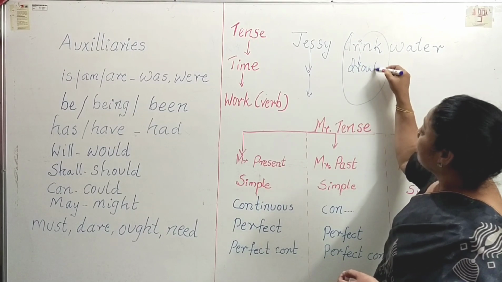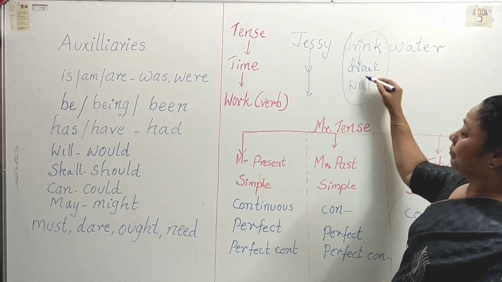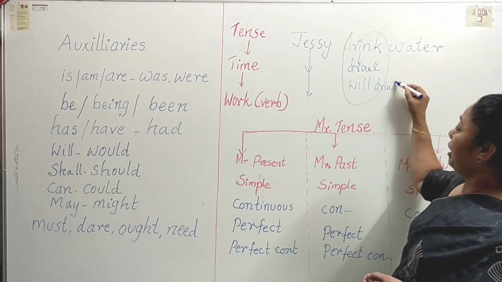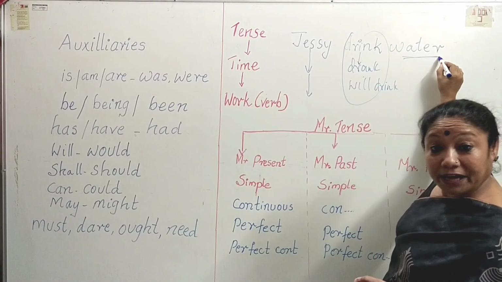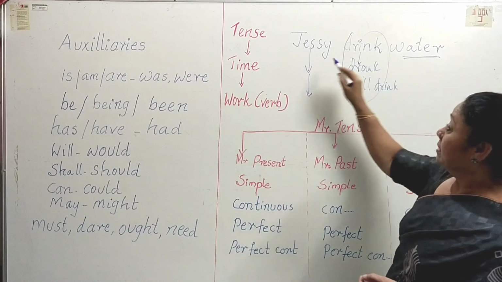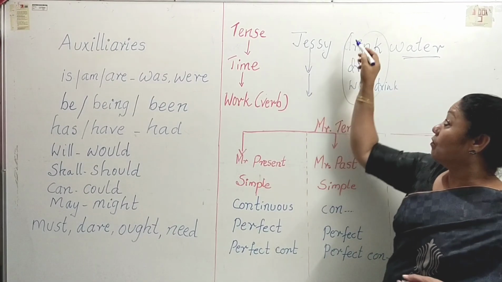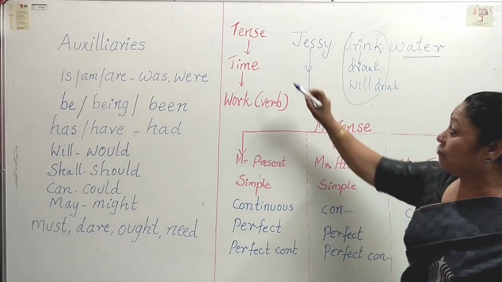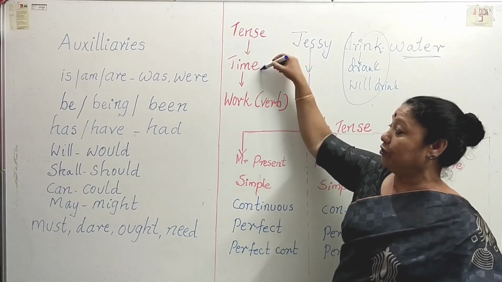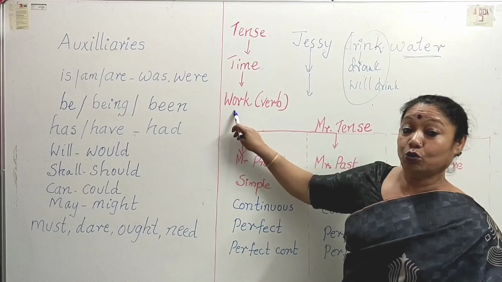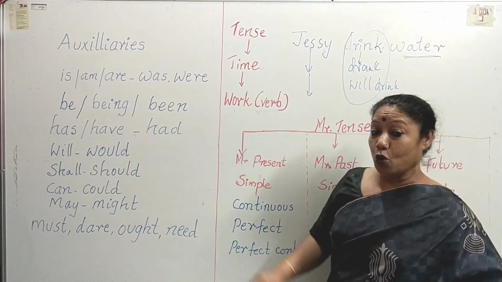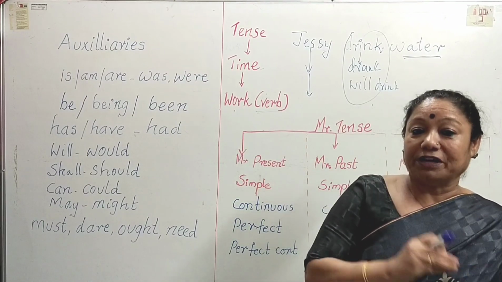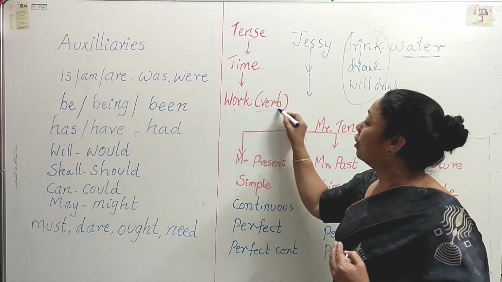Drank, will drink. Here water remains the same, Jessie remains the same. What changes is the verb. I have told you tense is related to time, time is related to work, that is the verb. So what changes as per the time? That is your verb.